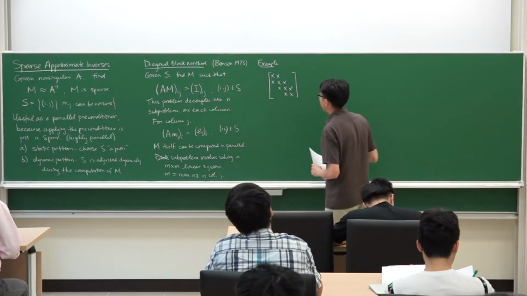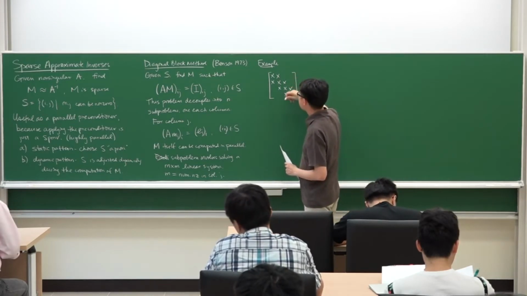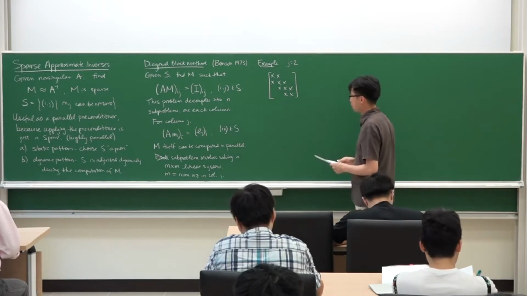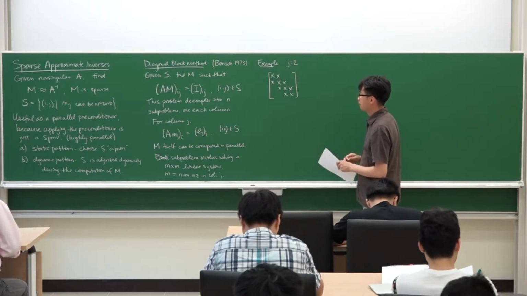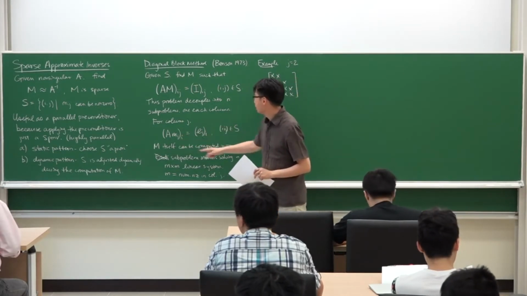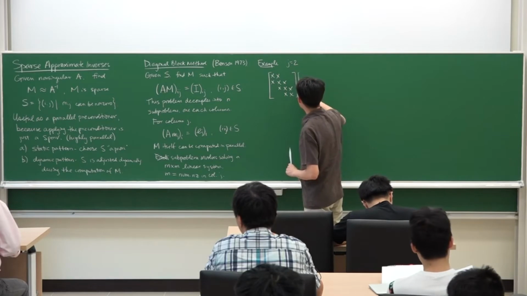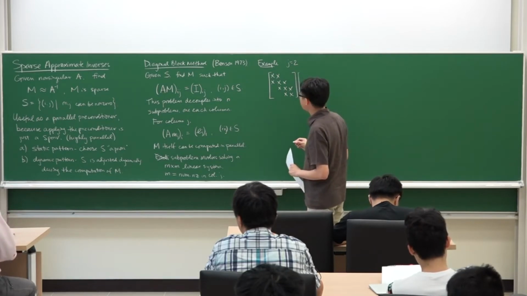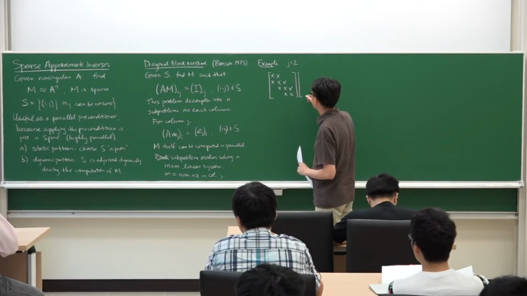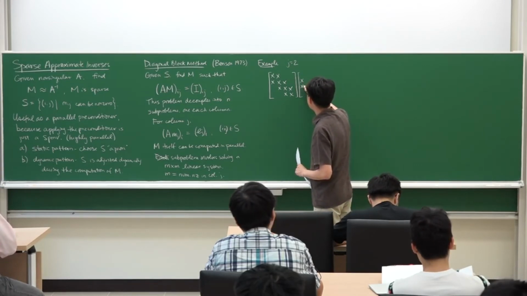And let's say that we're interested in the second column, so J is equal to 2. So I'm writing down, that's A, and now this is M_J. And let's suppose that the pattern that we want is this one.